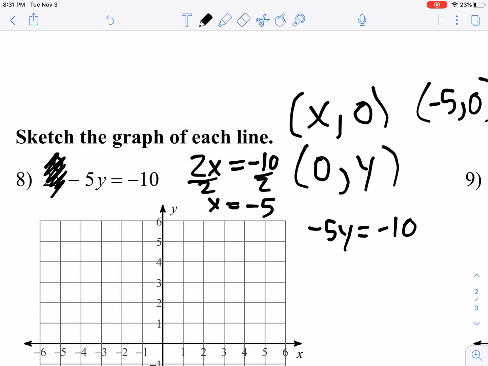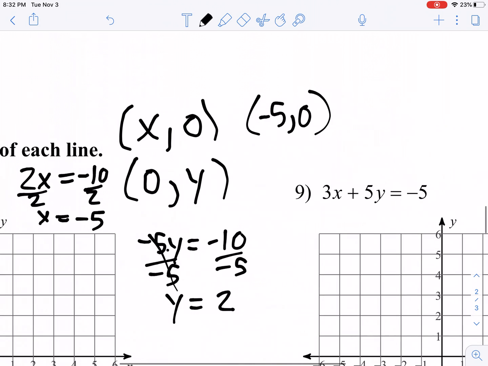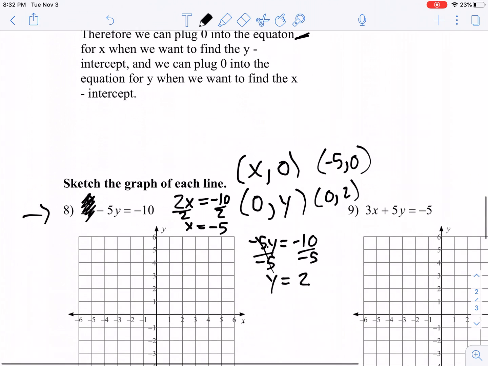Well, I can solve that. This is multiplication. What do I have to do? Divide by a negative 5 and we get y equals, what's a negative and a negative make? Positive. So when I divide there, I get a positive, and 10 divided by 5 is 2. So my y-intercept would be 0, 2. So when I covered up the x, I got 0, 2.